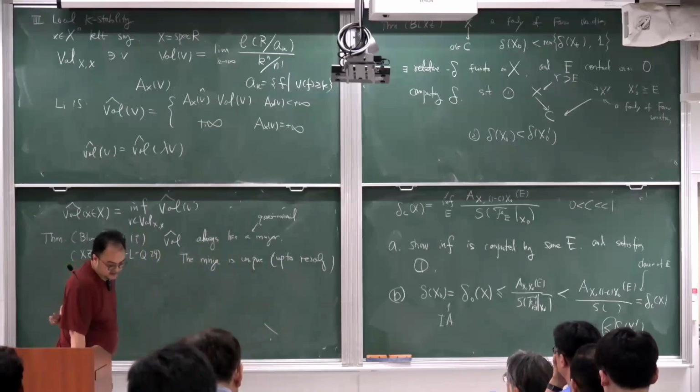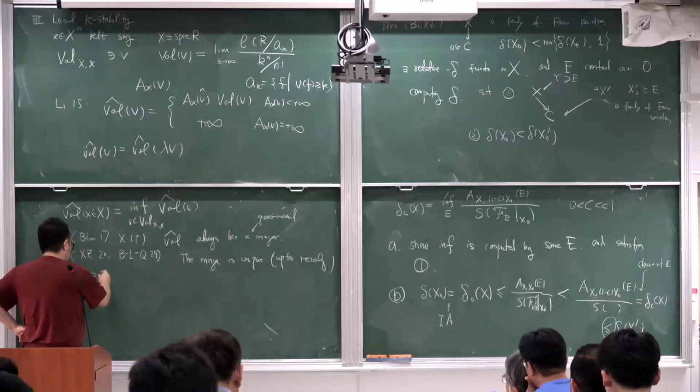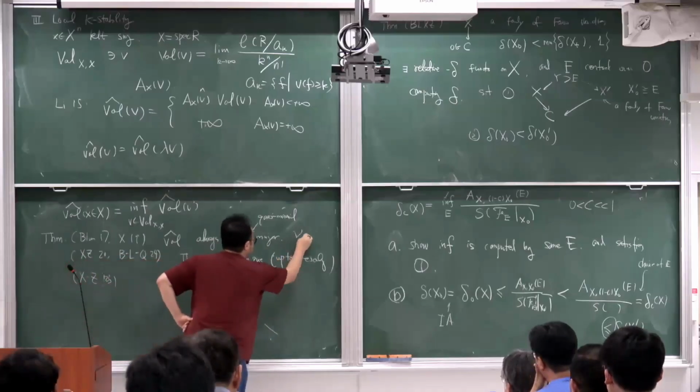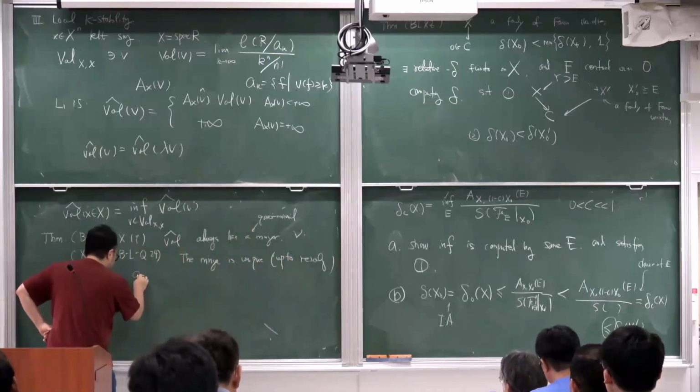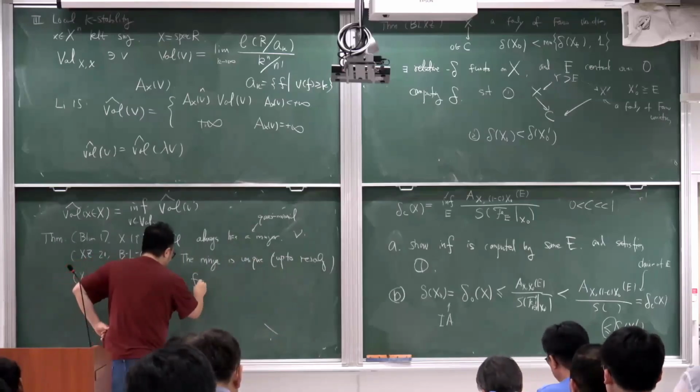And then the last thing we show is that, if I call this minimizer V, the associated graded ring of this R is finitely generated.